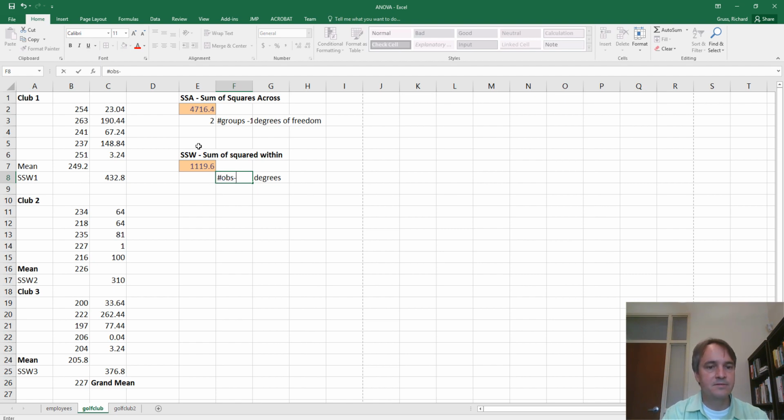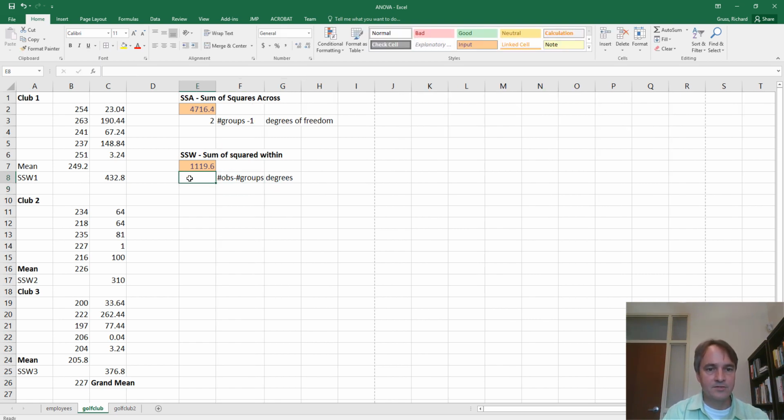So number of observations minus the number of groups. We have 15 observations and we have 3 groups, so we're going to have 12 degrees of freedom.